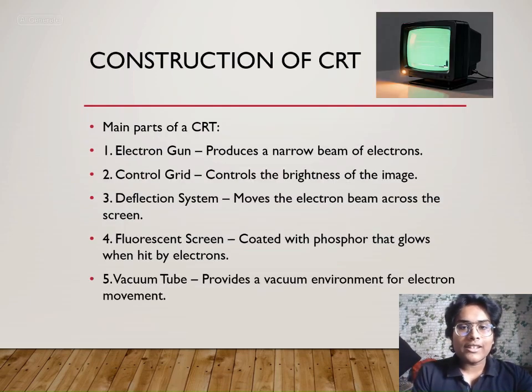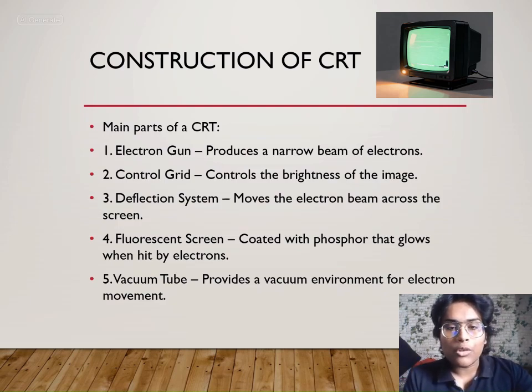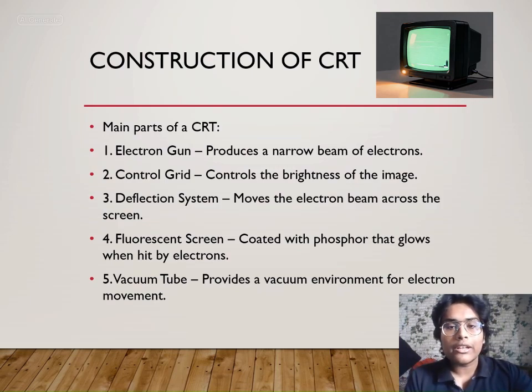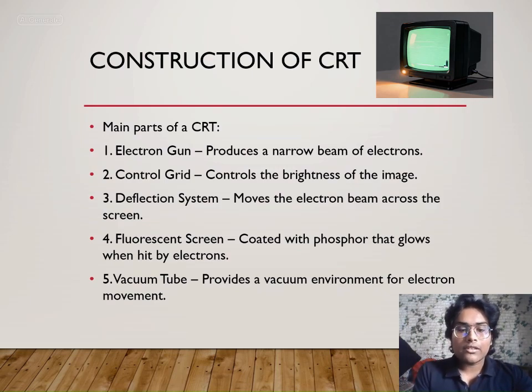So let us discuss the construction of CRT and what the main parts of a cathode ray tube are. First is the electron gun, which produces a narrow beam of electrons. Second is the control grid, which controls the brightness of the image by adjusting the number of electrons that reach the screen. Third is the deflection system, which includes the vertical and horizontal deflection plates or coils that move the electron beam to scan the screen.